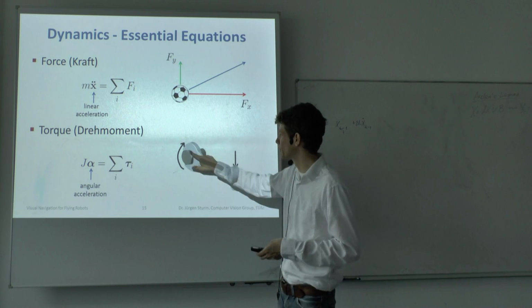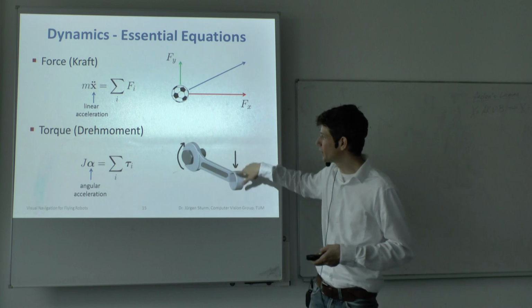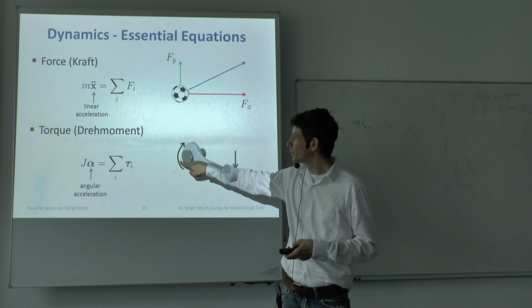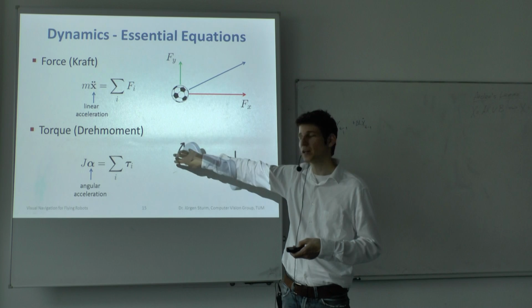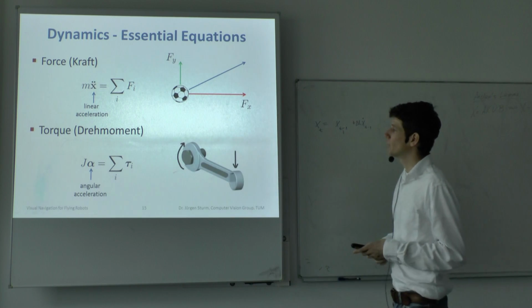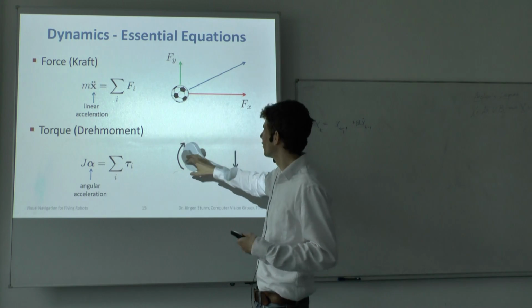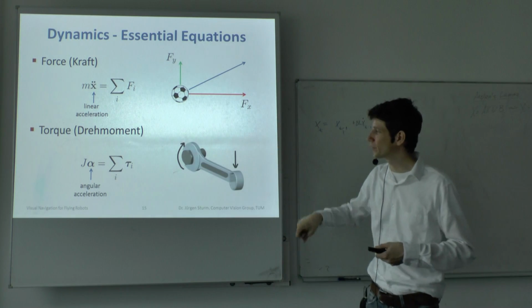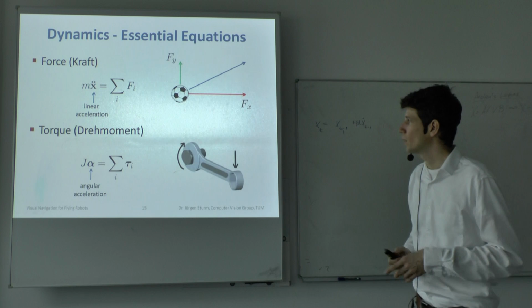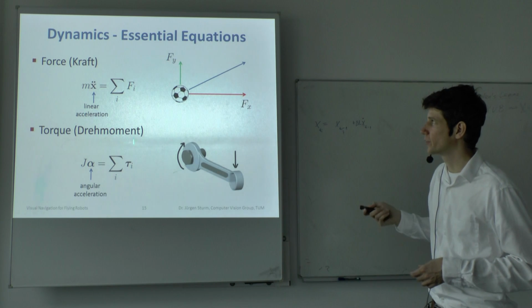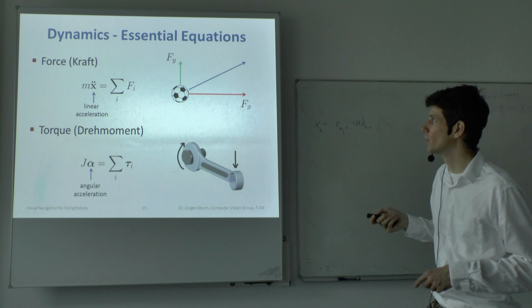So if you consider a tool like this and you push it here, push it downwards, then you induce a torque on this axis, and that makes the screw spin, or potentially if there is a larger object attached to it, makes the object spin. And the relation again is more or less similar to the force.